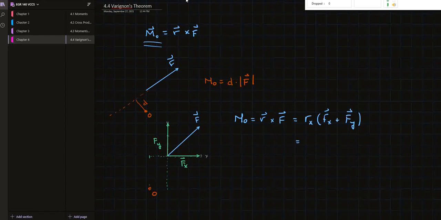So we could take r cross Fx plus r cross Fy.